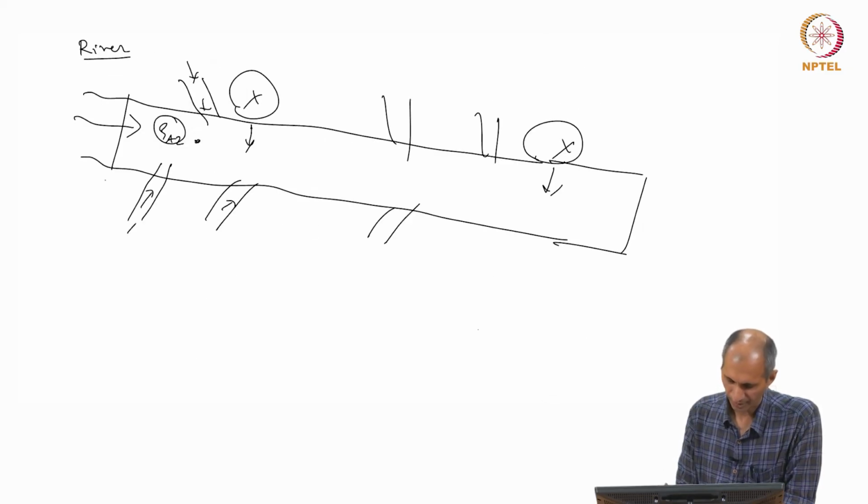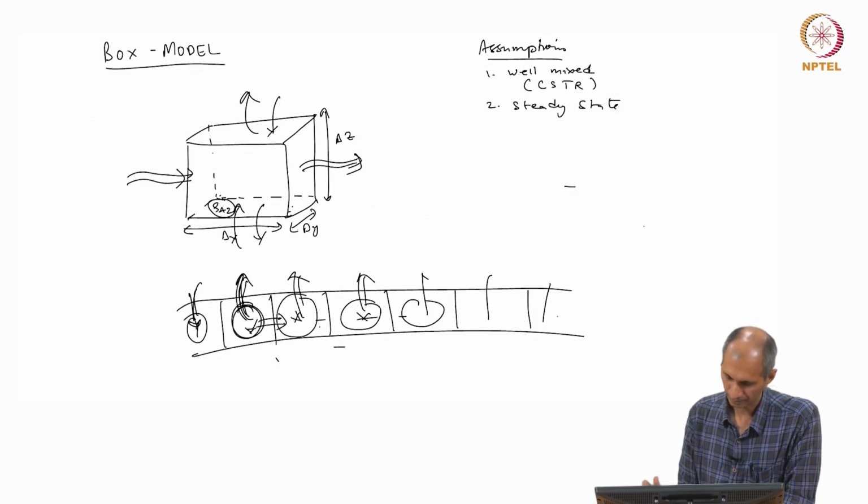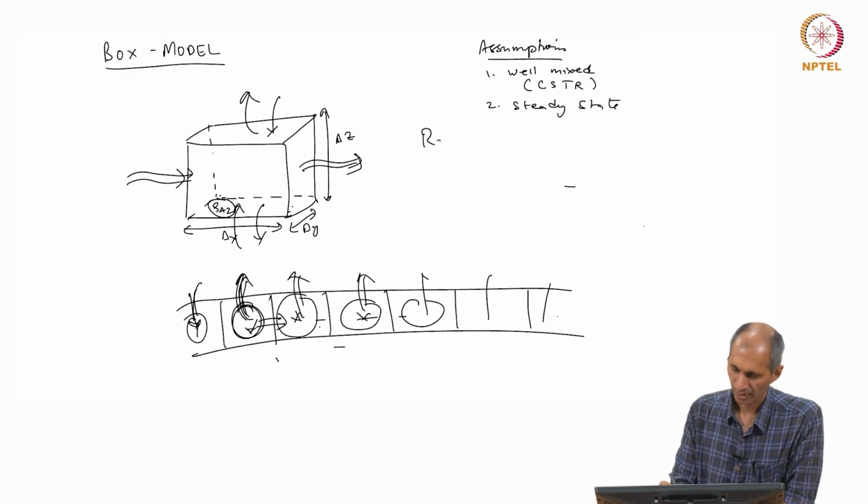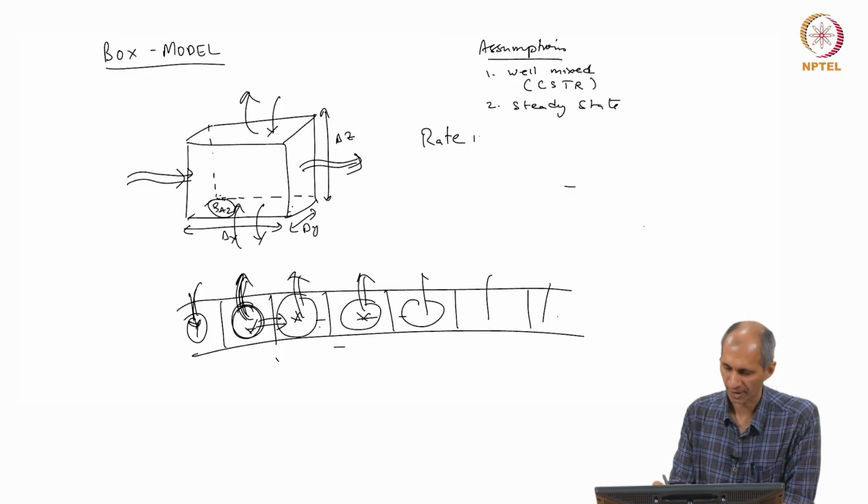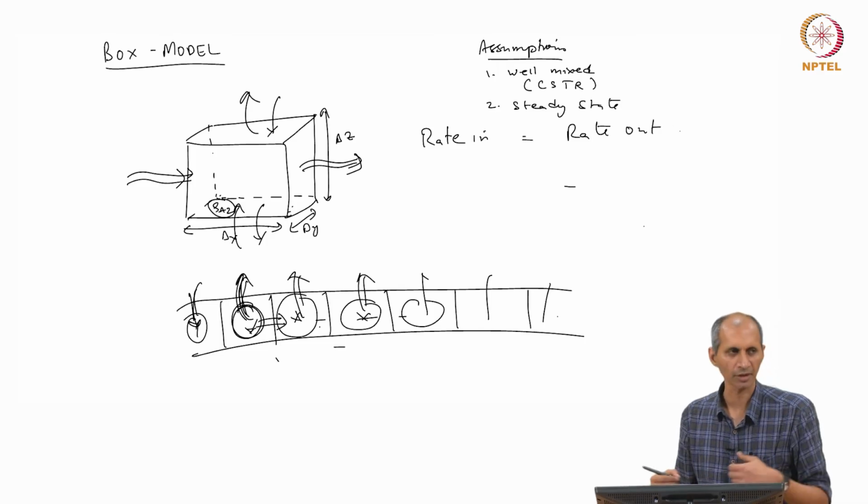So here if you have a steady state system, there is no accumulation, rate in minus rate out. So, we add up all these things, we will say rate in equals rate out. So, we add up all the processes that are contributing to rate in.